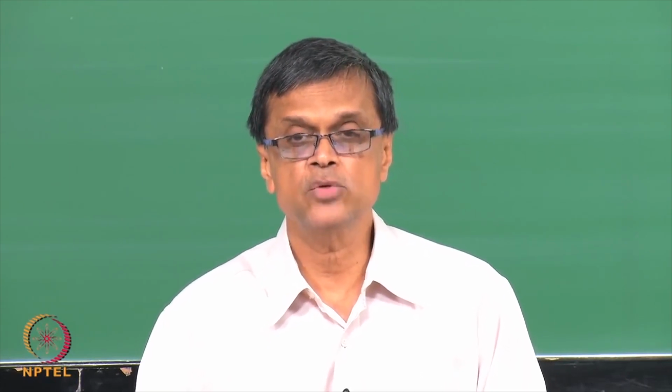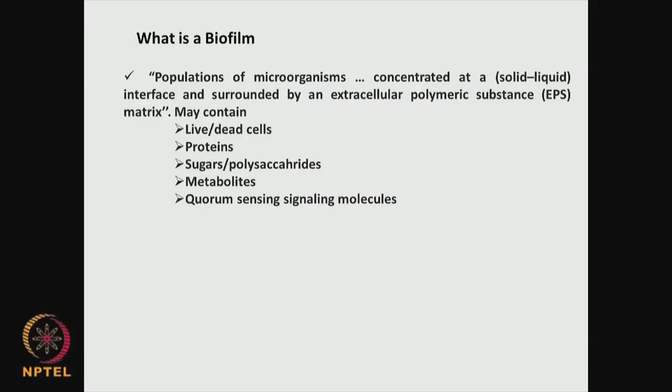We will continue on the topic of biofilm, which is the most important topic in the entire biomaterials, implants and devices. That is why I am trying to spend more time on this biofilm. And as I said, what is this biofilm? It is a population of microorganisms at the interface. It may be surrounded by extracellular polymeric substance, EPS it is called.